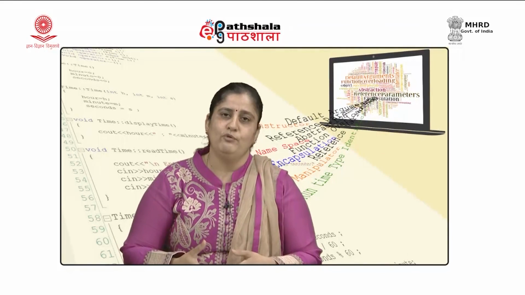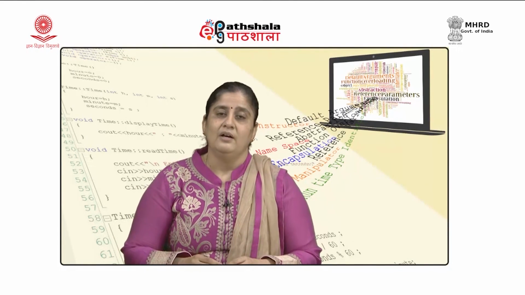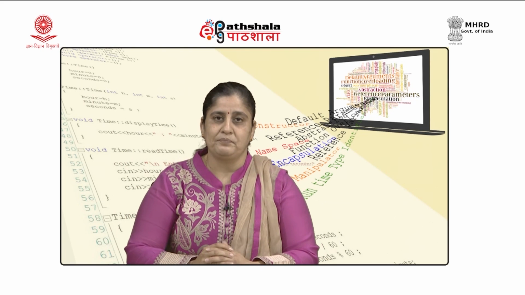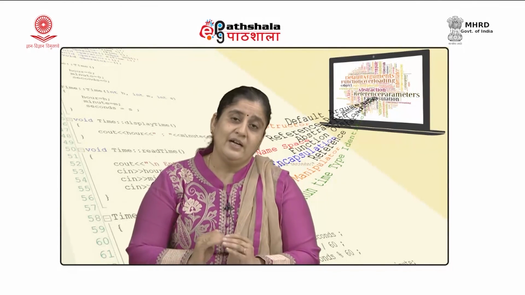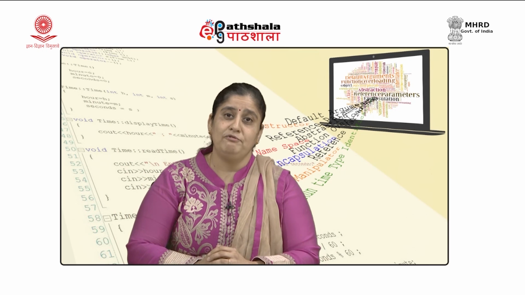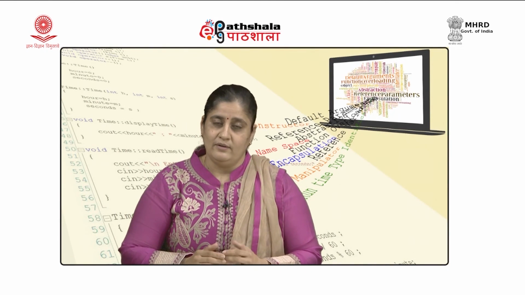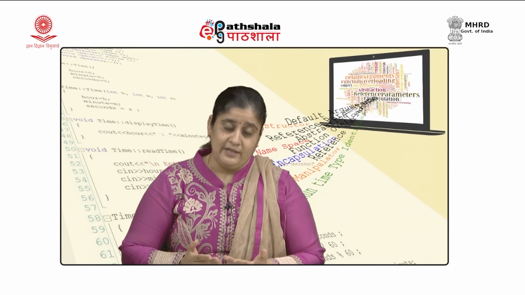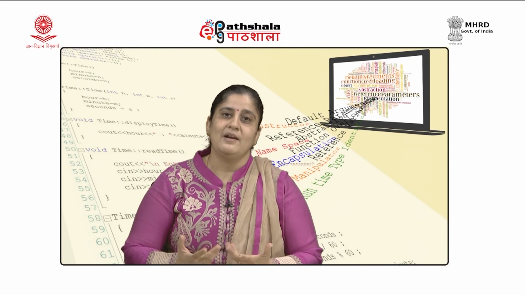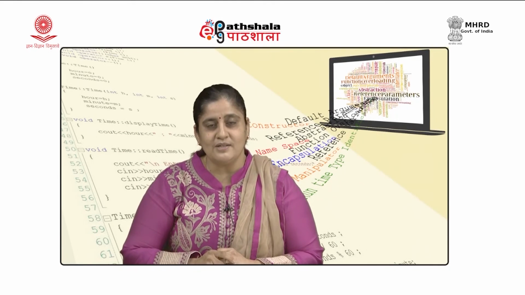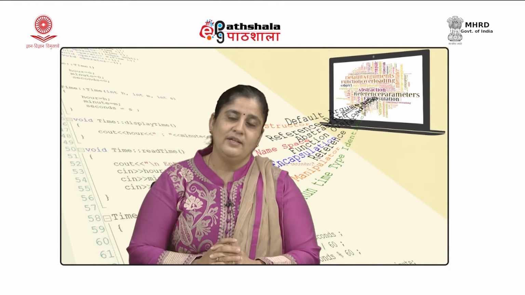What we would prefer is to have an array of students. That we can do if we are allowed to define an array of objects, and we can. C++ allows us to declare an array of objects.